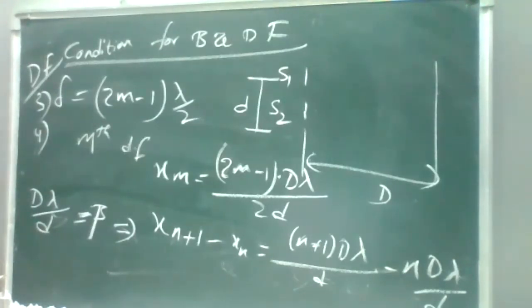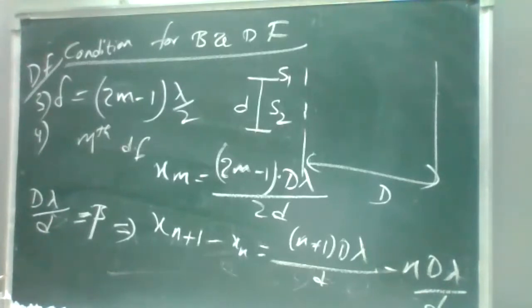Laser light of wavelength 630 nanometer is incident on a pair of slits and produces an interference pattern.